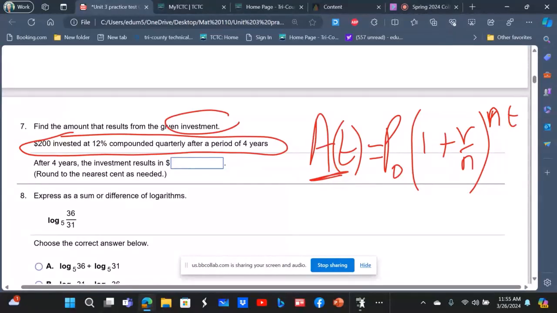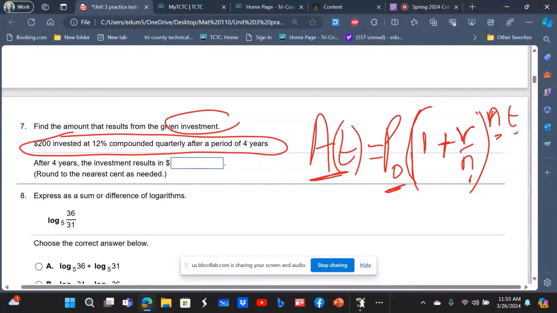The future value is equal to the present value times 1 plus the rate in decimal divided by the number of compoundings, all to the power number of compoundings times time. Okay, so you find out all these things.